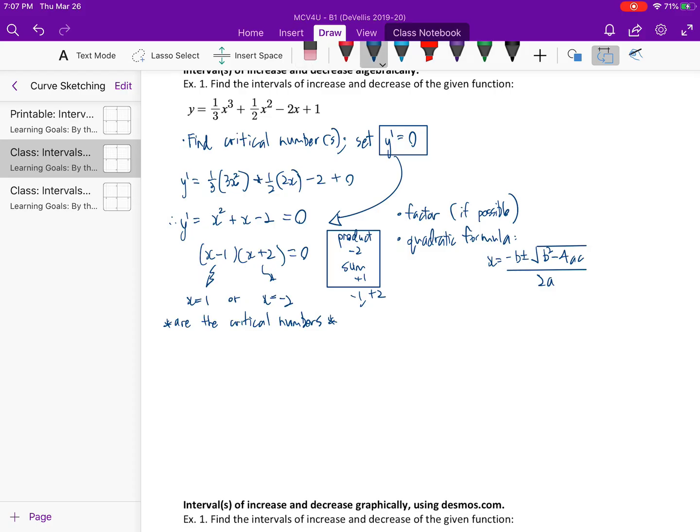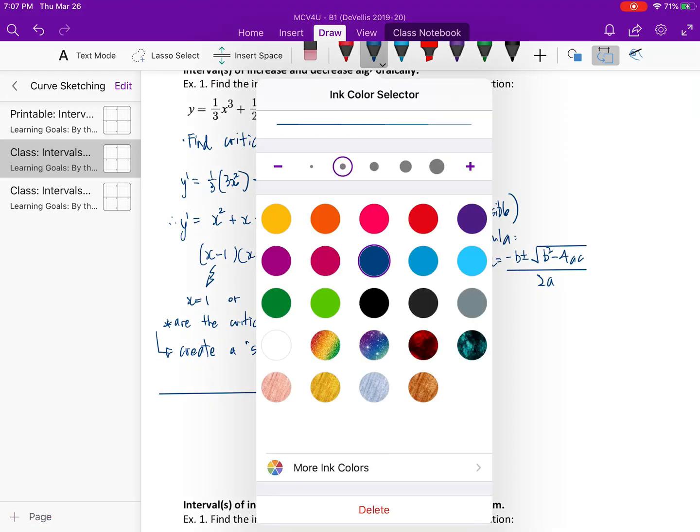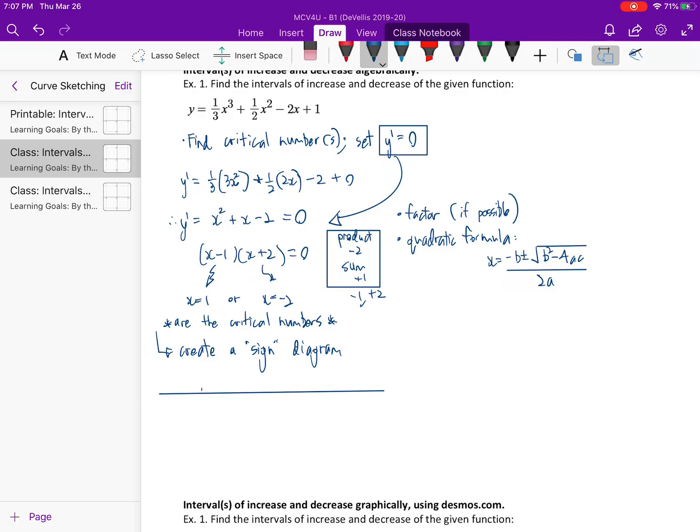So create a sign diagram, S-I-G-N. And what we mean by that is, if this is our x-axis right here, and we put in our critical numbers, which in this case are -2, which would be over here on the left side, and +1 somewhere over here, we can substitute our values.